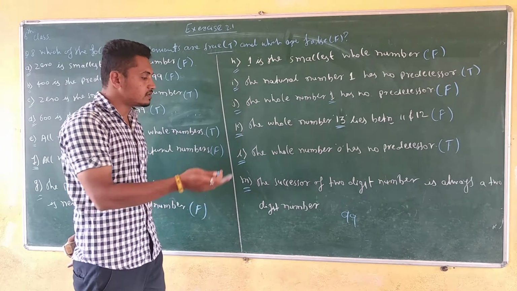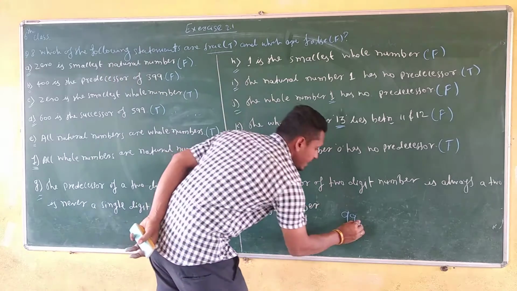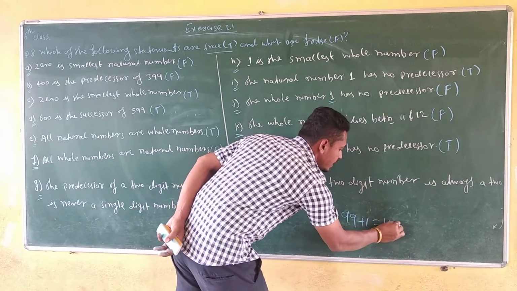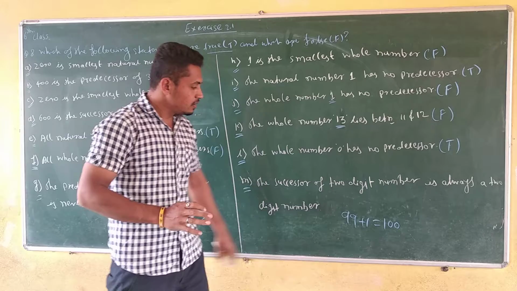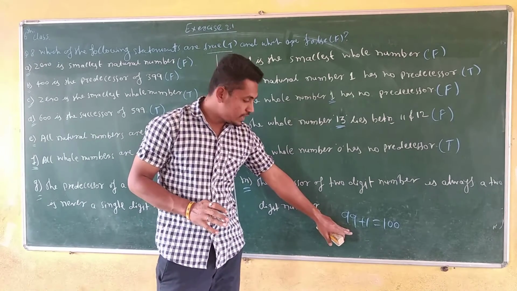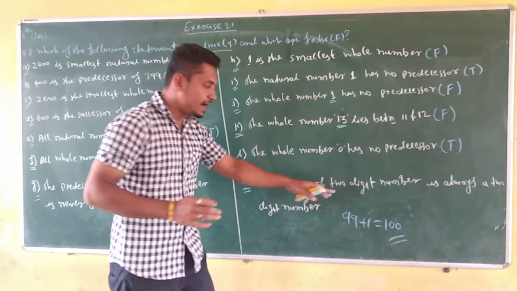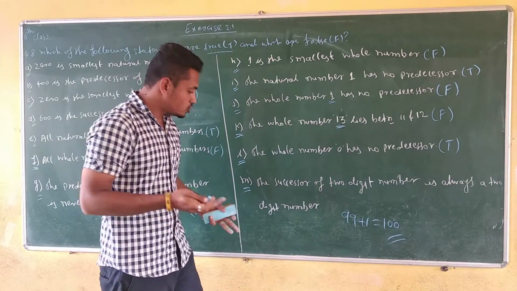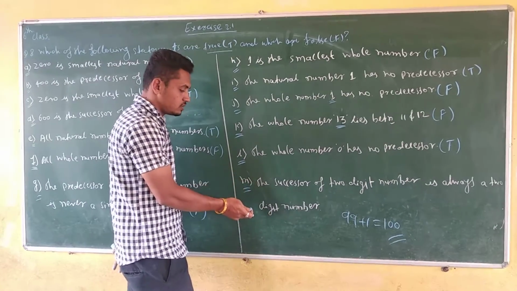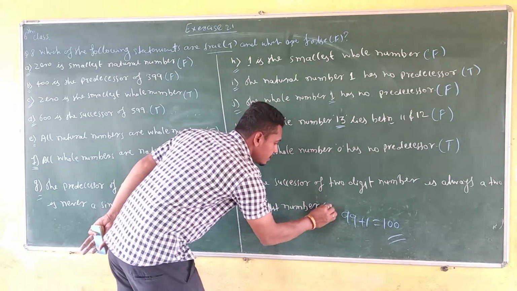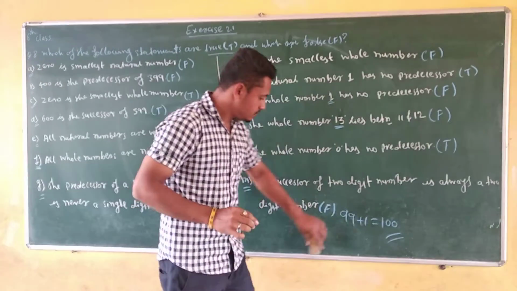How do we find the successor of 99? 99 plus 1 is equal to 100. Now see here, the successor of this two-digit number is 100, and 100 is a three-digit number. So our statement is false. Is it right? Our statement is false.